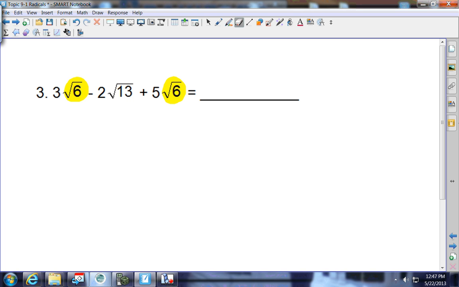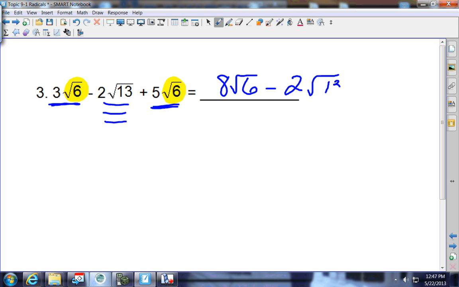So the only things that can go together are the 3 square root of 6 and 5 square root of 6. What is 3 plus 5? 8 square root of 6. This one doesn't go with anything, so you just write minus 2 square root of 13.